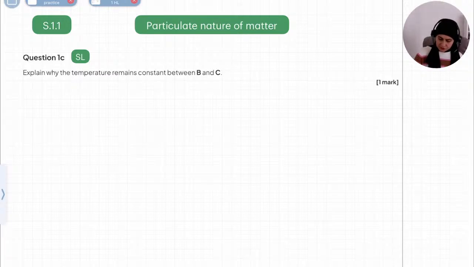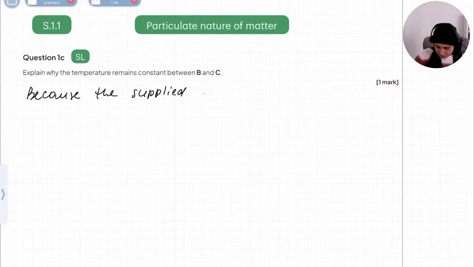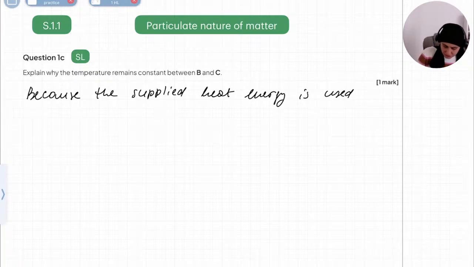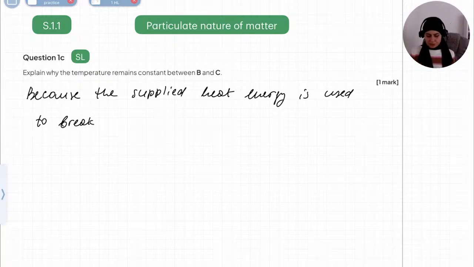Explain why the temperature is constant: because all the heat energy supplied is used to break... I don't want to say intermolecular forces. Here I could say that because it's about SO2, so it's just a simple covalent compound.